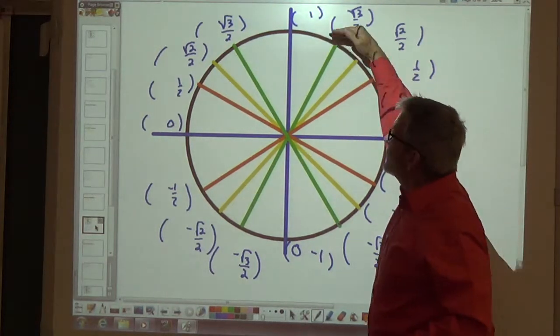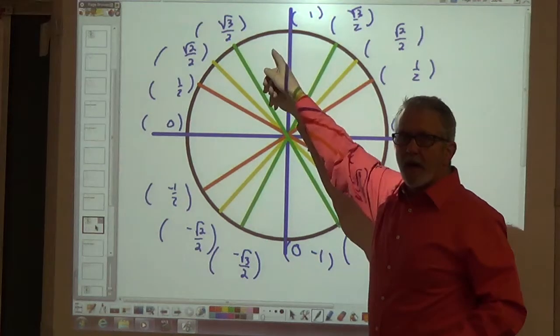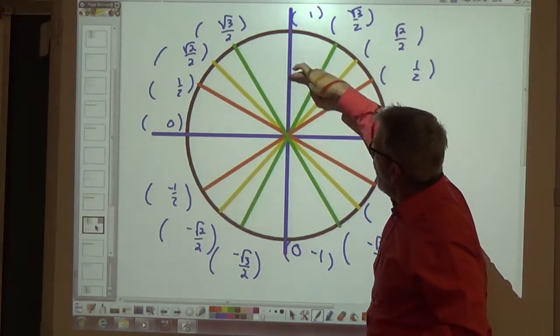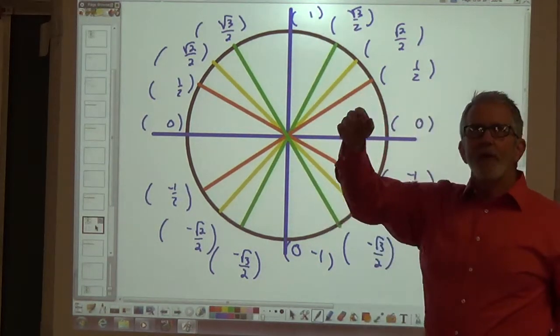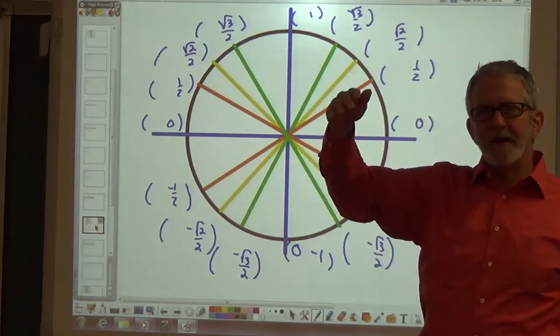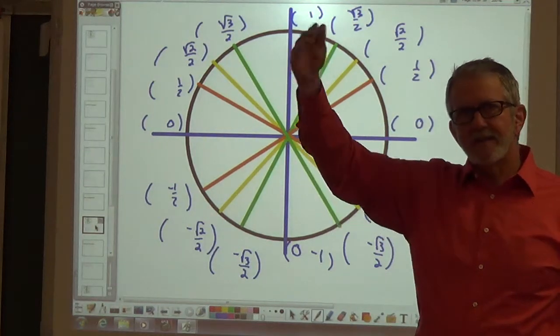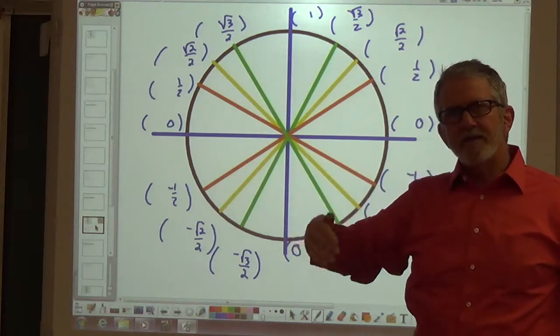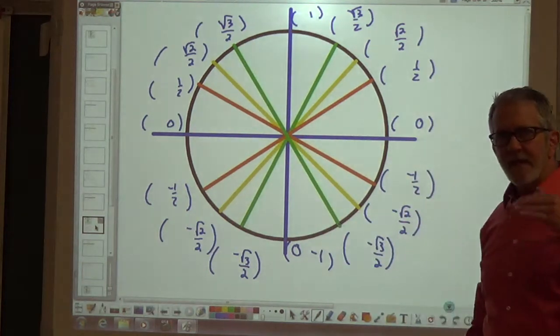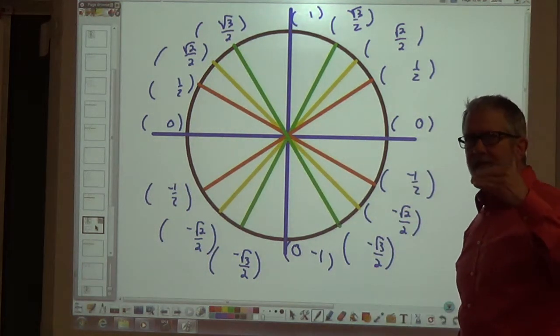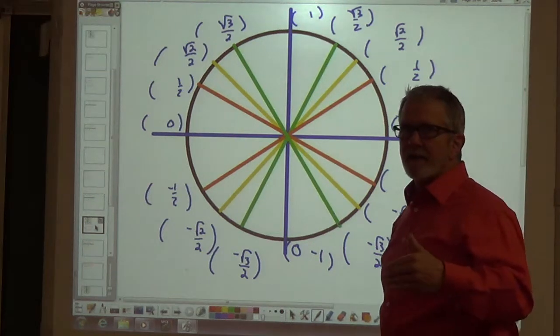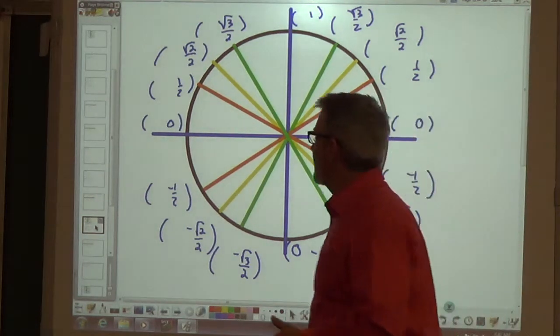My y values are increasing between 0 and pi over 2. Completely increasing, up to there. Well, what's 1 divided by increasing values? 1 divided by increasing values has to give us decreasing values, by that discussion we had at the very beginning.